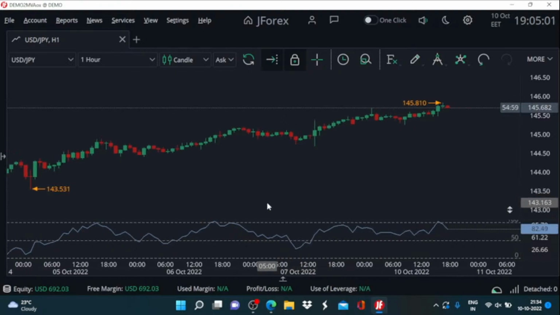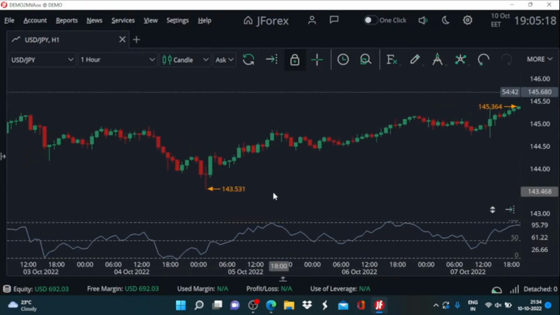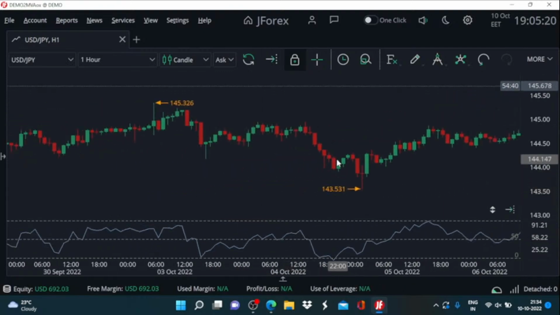If we have the closing value for the last hour, or even the current hour, above the upper band of these Bollinger Bands, then we will have the output of percent Bollinger Bands above 100. And if we have the closing value of the current hour or last hour below the lower band, then we will have the output value below 0.